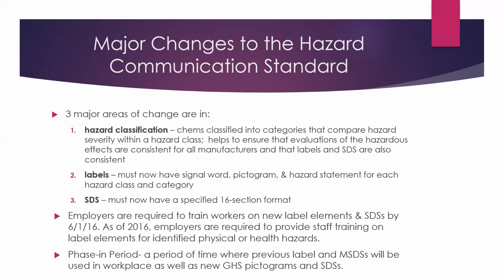There's also a phase-in period, a time frame where previous labels and MSDSs will be used in the workplace, as well as new GHS pictograms and SDSs. So it's not like an abrupt change. There is this phase-in period where we do have to do the transition with the labeling and the pictograms. So when dealing with these three major areas that I mentioned above, there is a phase-in period in which we can make those changes.